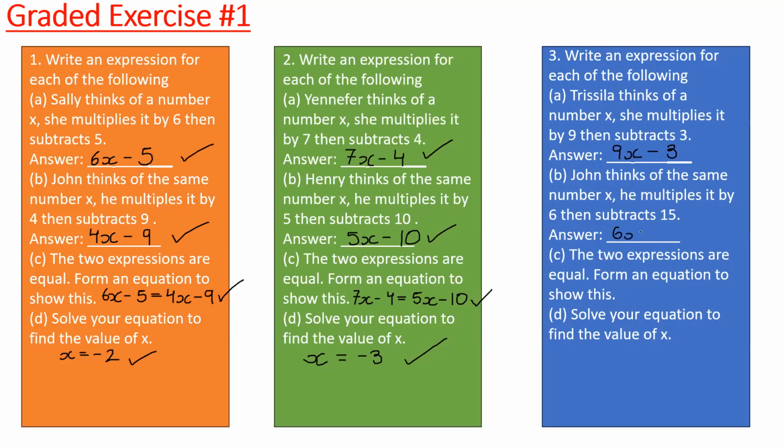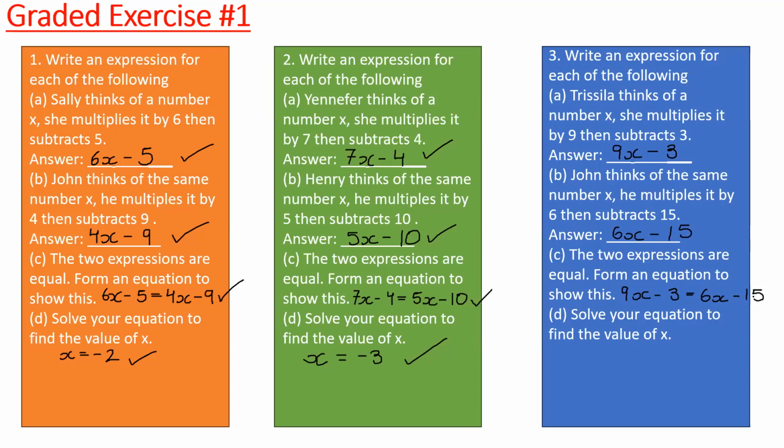Okay, good, 6x minus 15. And what did you say for C? 9x minus 3 is equal to 6x minus 15. Very good.